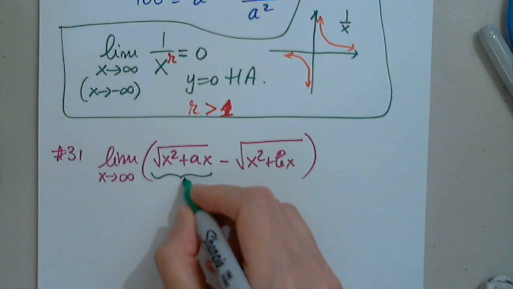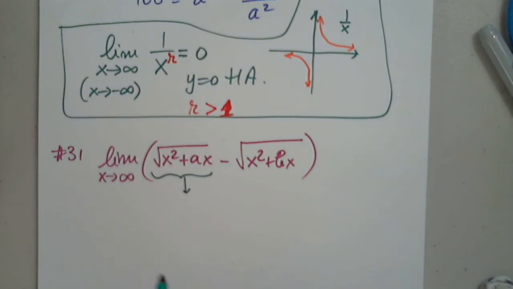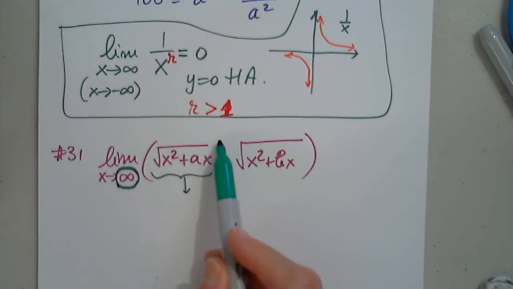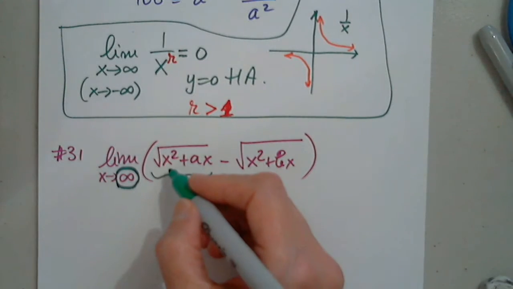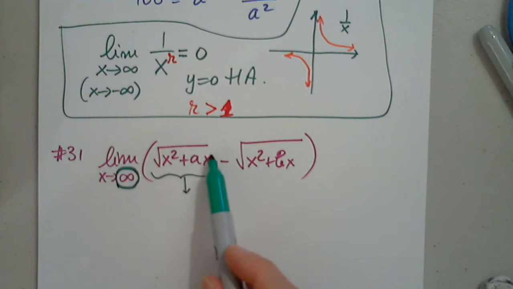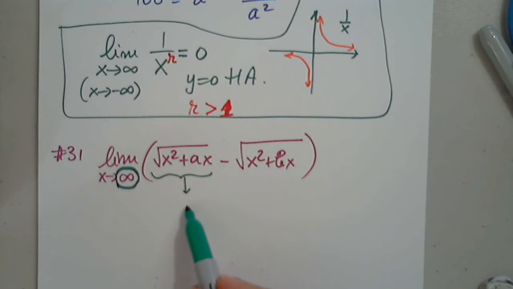So the question is, where does this go? But before that, since x approaches infinity, inside the square root, which of these two terms is the most powerful? The x squared. Good. So where does this go? Positive infinity. Awesome.